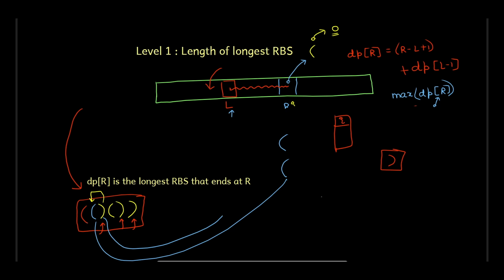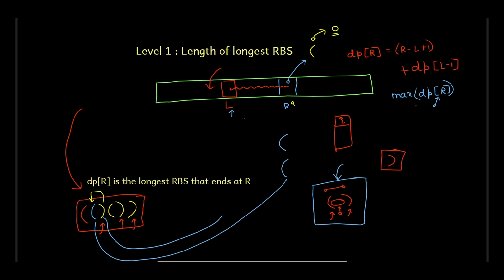Because if you are popping it from the stack, it means that you have created a matching pair. Then whatever was in between must have already been matching pairs, and that's why they are not on the stack anymore. And since you have just created a matching pair, we were looking for a valid parenthesis of the smallest length that ends over here, and that is the smallest closure that you could get.